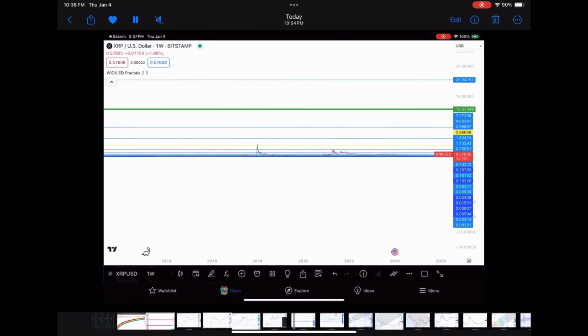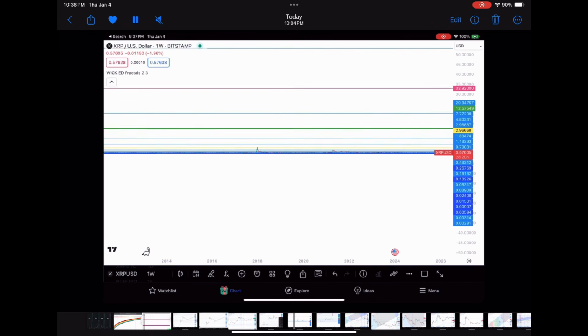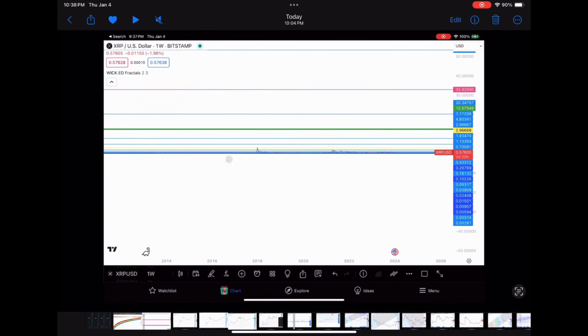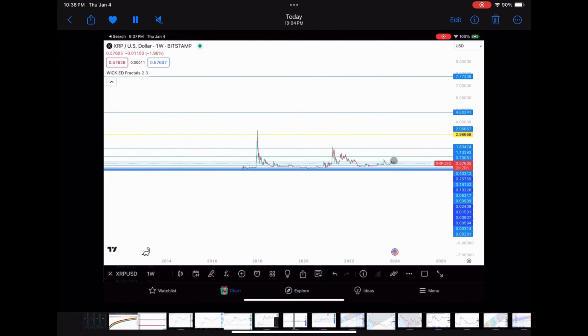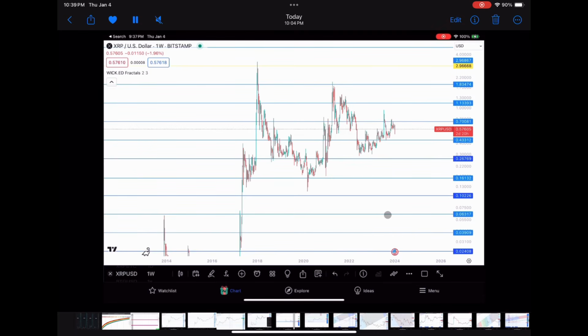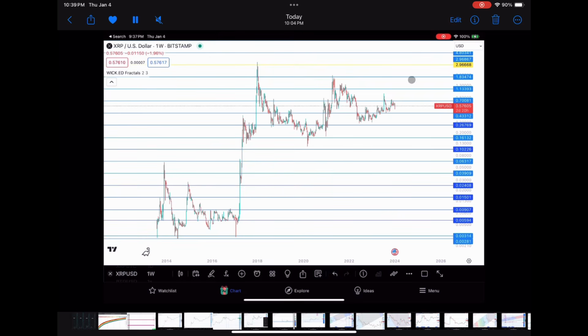Here you can see as I scroll up, these levels are the same spacing as these levels here when you look at them logarithmically.